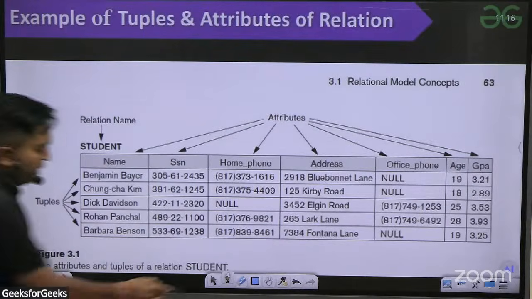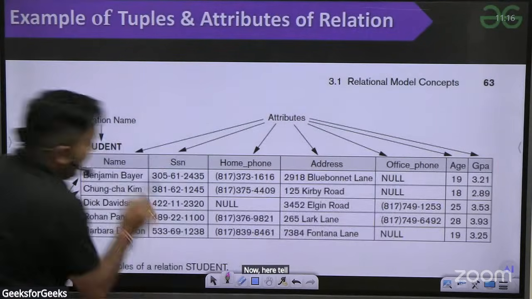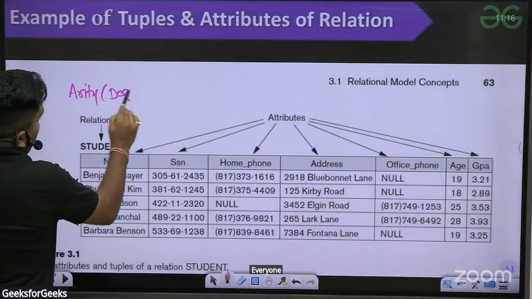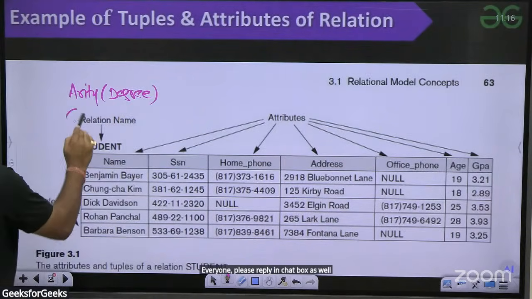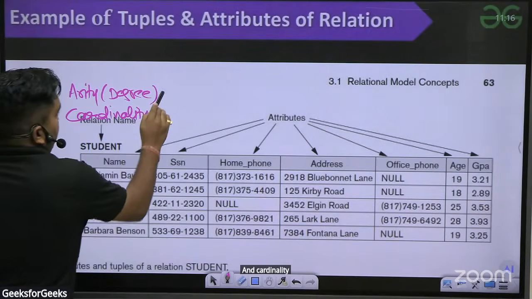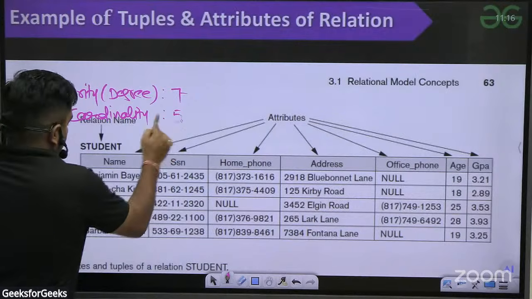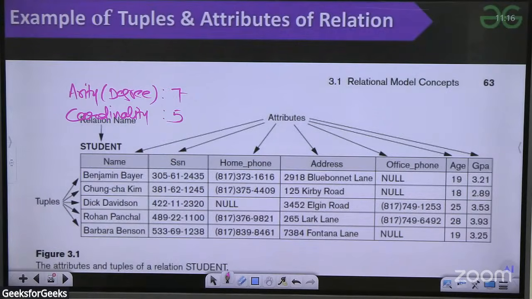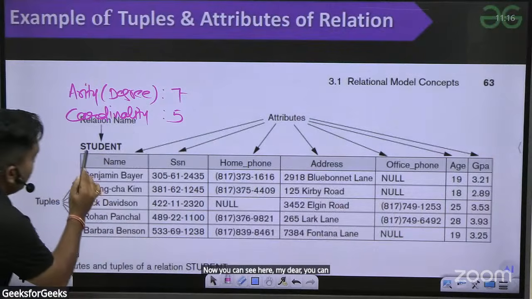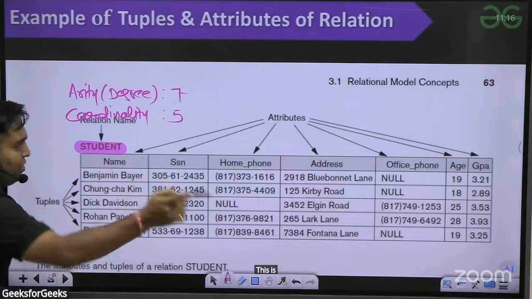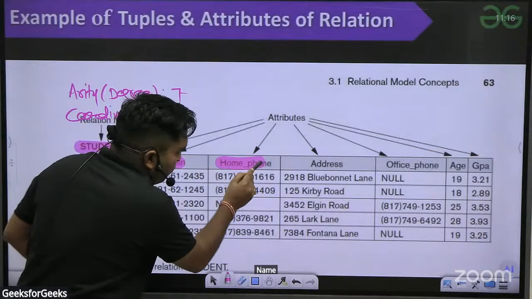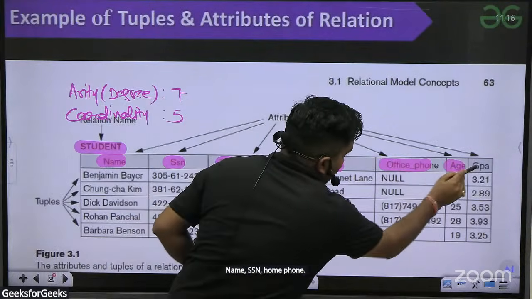Now, here tell me what the arity or degree is, and the cardinality. Everyone please reply in the chat box as well. Clear? Now you can see here, this is the table name, and these are the attributes: name, SSN, home phone, address, office phone, age, GPA.